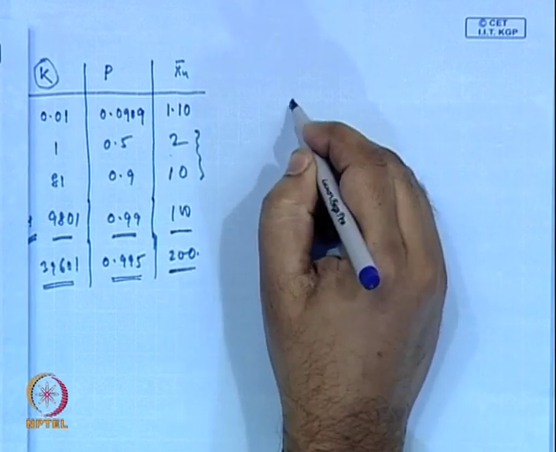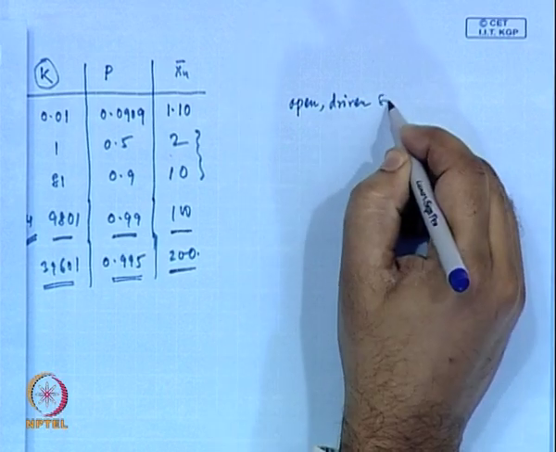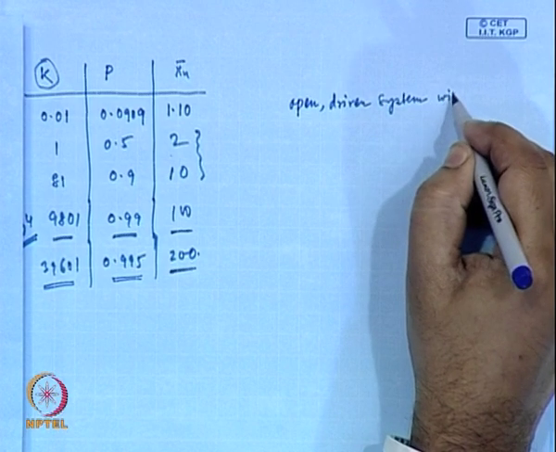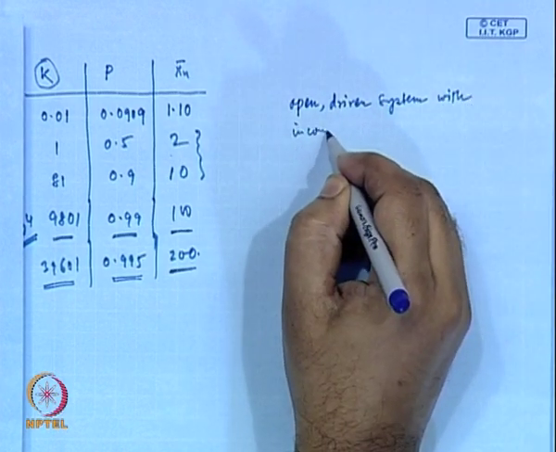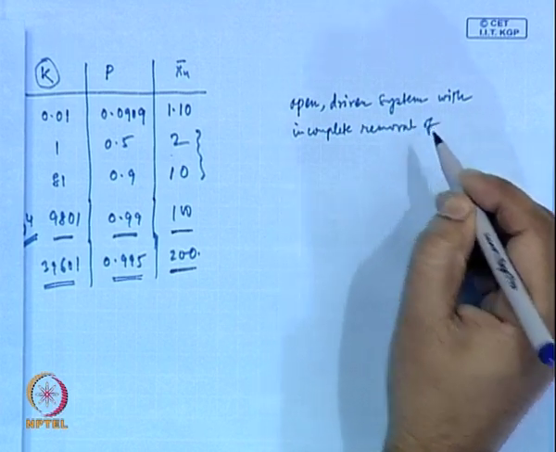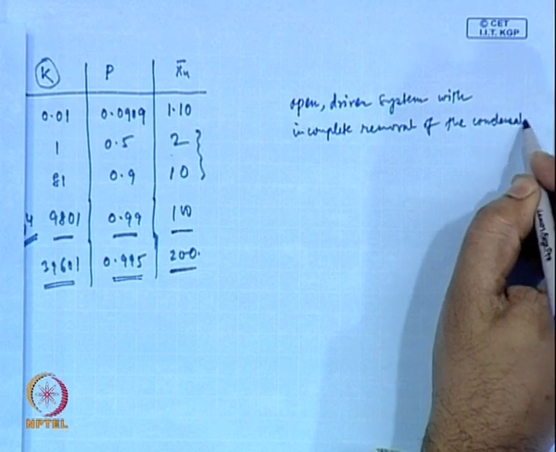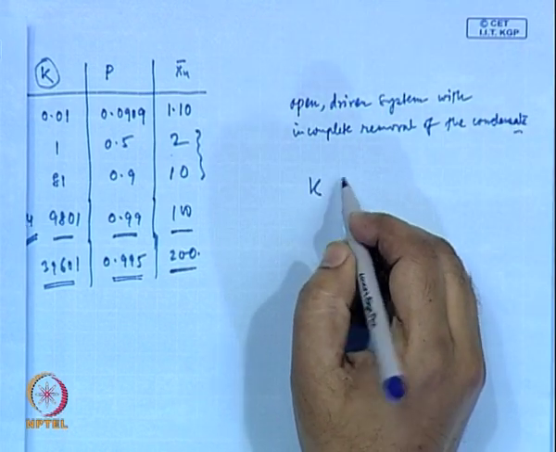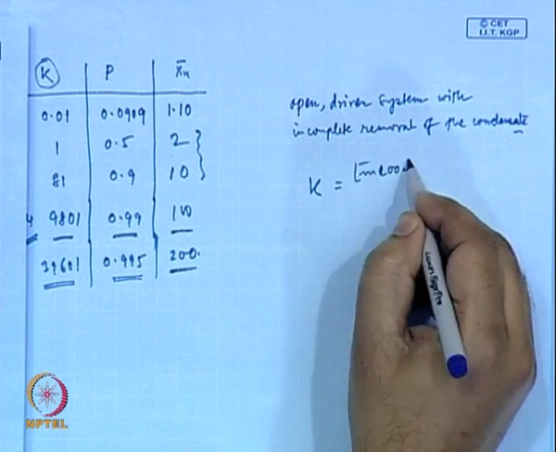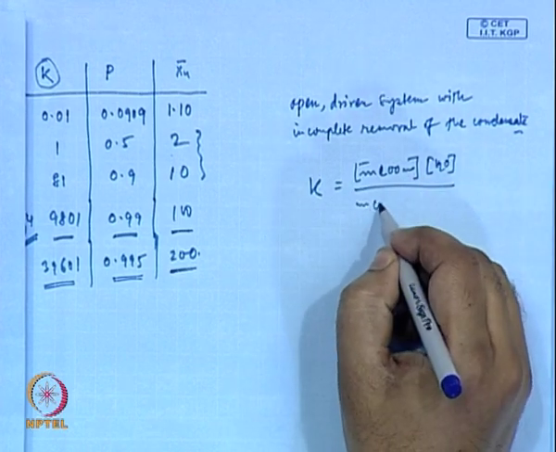So, for an open driven system with incomplete removal of the condensate, K again is the concentration of CO, H2O, COH.